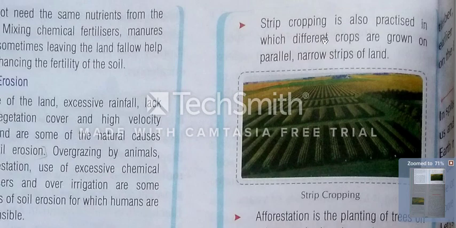Strip cropping is also practiced, in which different crops are grown on parallel narrow strips of land. Here, these types of strip cropping. I have taught this to the 10th class. This is very beneficial.